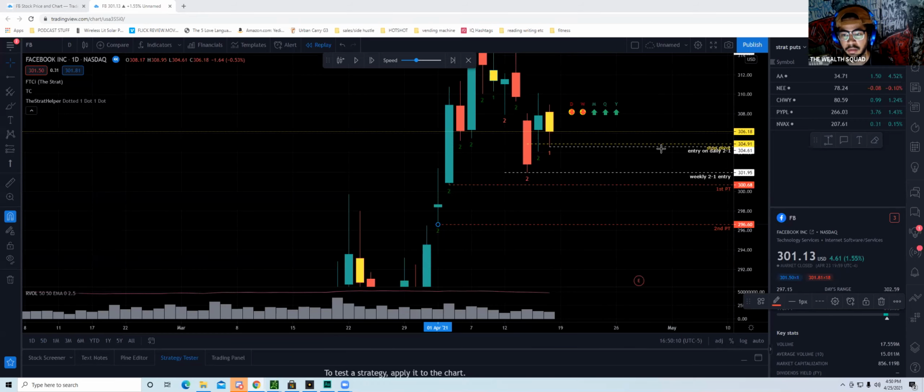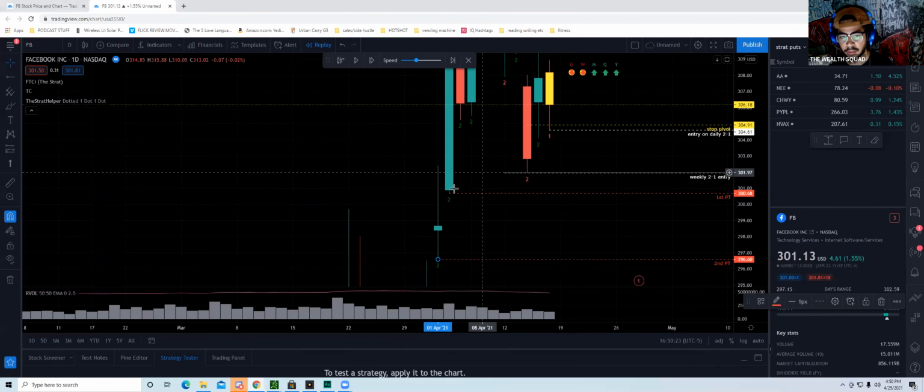There was somebody. Let's see what the chat is saying. Can you explain a pivot? A pivot is where somebody naturally puts their stop loss at, right? So people put their stop loss if they're long, like on this candle. If I was long, my stop loss probably might be here.